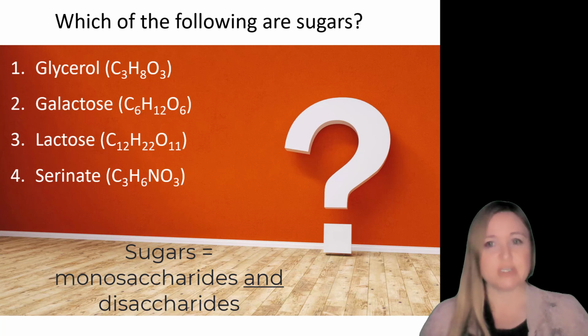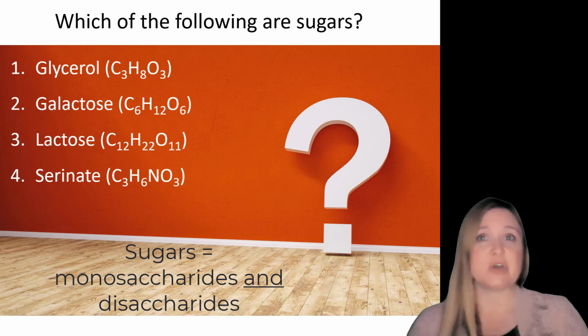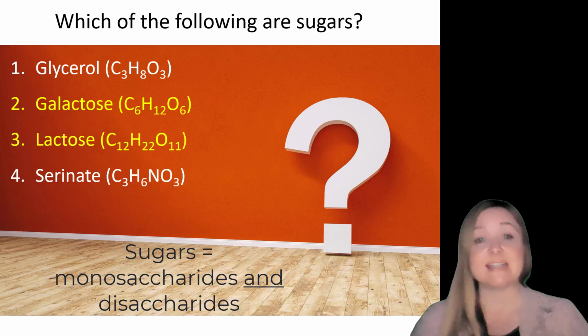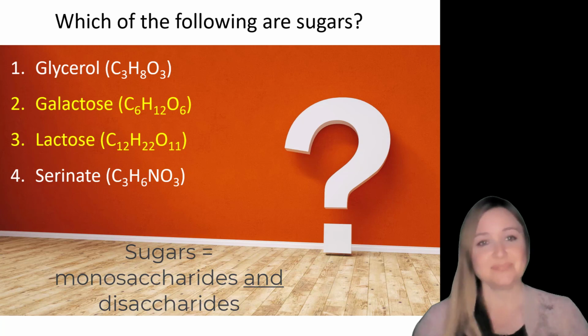So when we look here at this question, we want to identify, well, which are the mono and which are the disaccharides? And from our previous questions, we know that galactose is a monosaccharide and lactose is a disaccharide. So the answer here is that number 2 and number 3, galactose and lactose, those are our sugars.